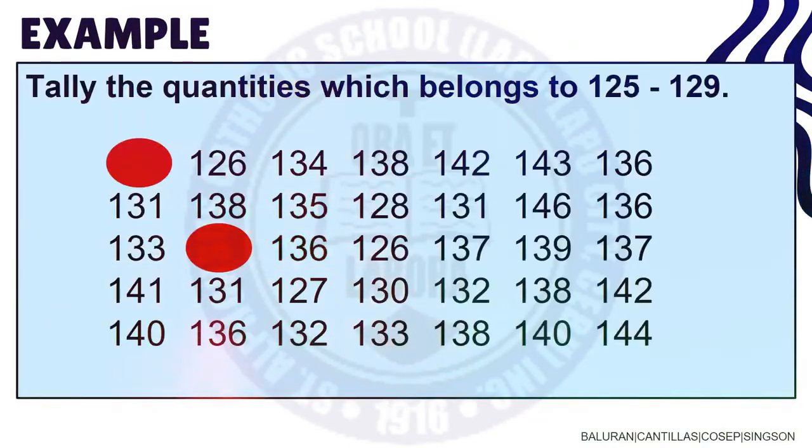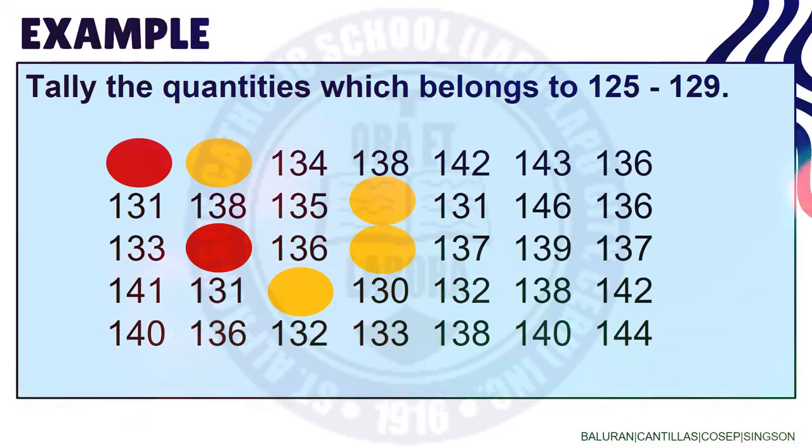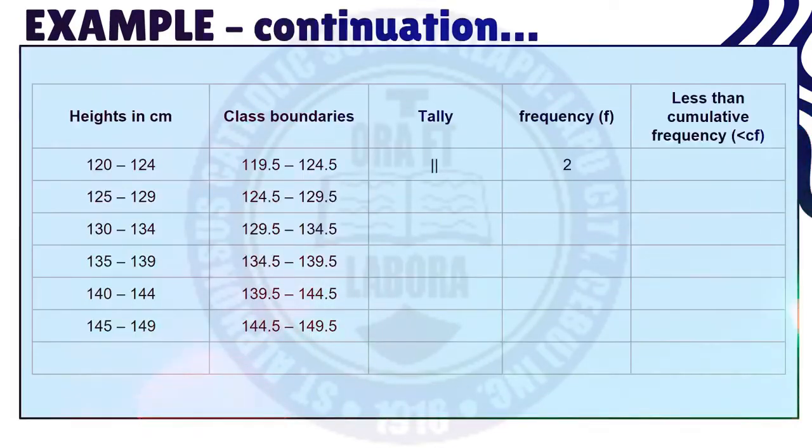Then next would be quantities which belong to 125 to 129. So we have 126, 127, 128, 126. So we have tallied a total of, we have 4 lines here, therefore the frequency here is 4.